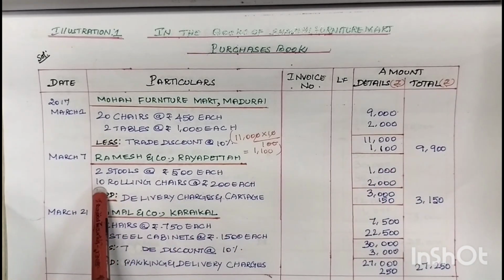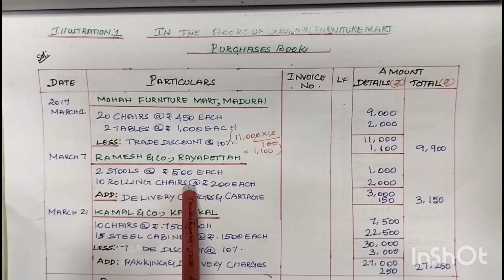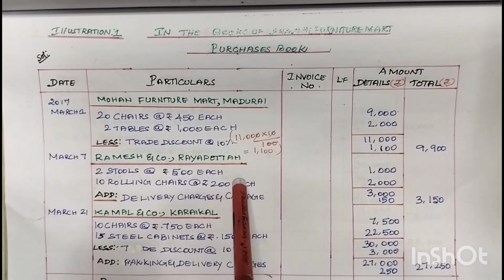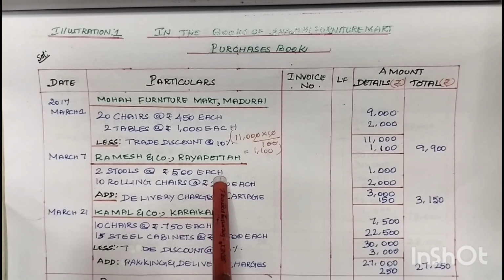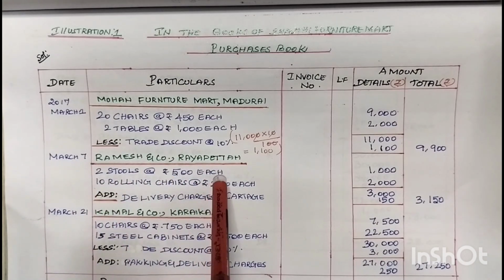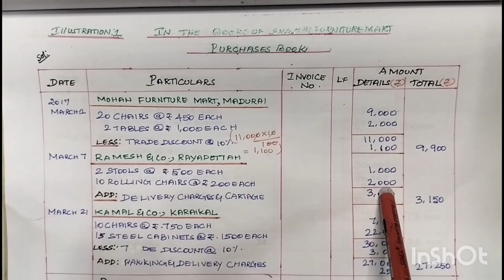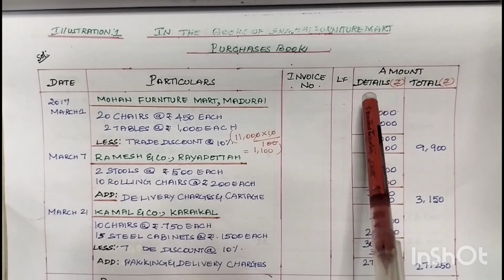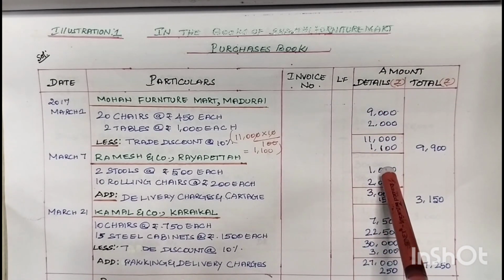Then 10 rolling chairs at rupees 200 each. So one rolling chair at the rate of 200. How much for 10 rolling chairs? So you have to multiply 10 into 200. You got 2000 rupees. So that 2000 rupees you have to enter into the detail column. Then you have to total that 1000 rupees plus 2000.